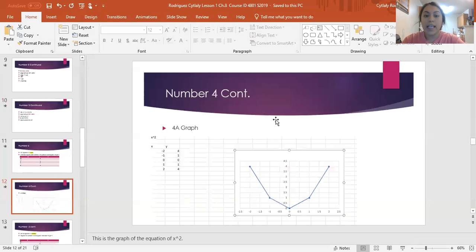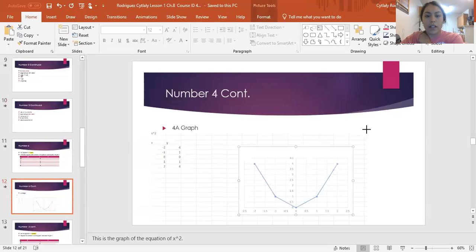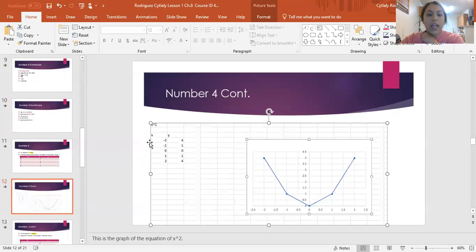And right here, we can see that I used my snip tool, so if it's a little small, sorry, let me try to make it a little bigger. But here I did my chart, I put my variables in, and once I had my x variables, I went into my y's, and I just put equals, and then I clicked this cell, and then squared it, and it gave me the answers, and then I was able to drag it so it would just give me the rest of the numbers that went with that variable.